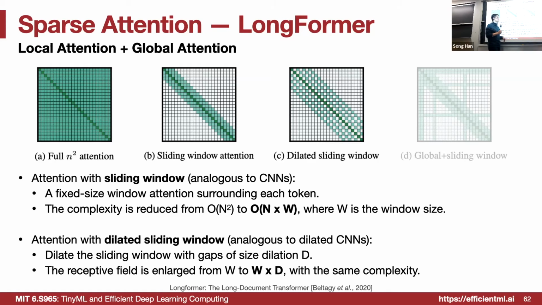So how do we deal with those issues? People try to use this dilated sliding window to expand the region that one word can attend to, not only its adjacent neighbors, but also some tokens that are even further away, analogous to dilated CNNs.